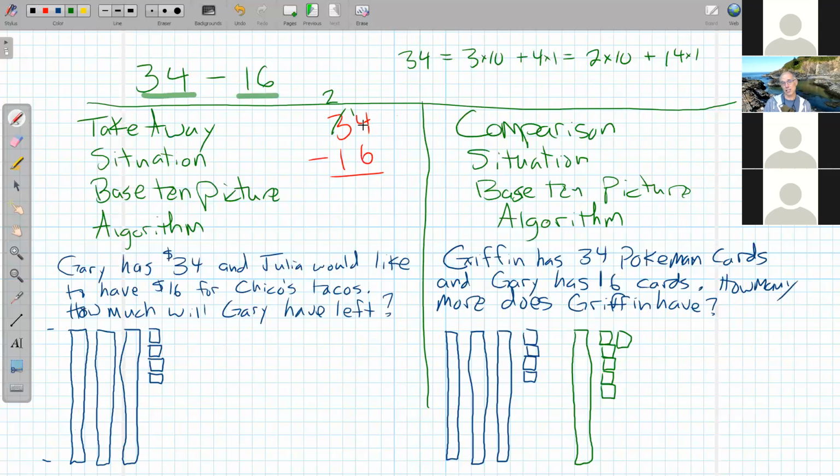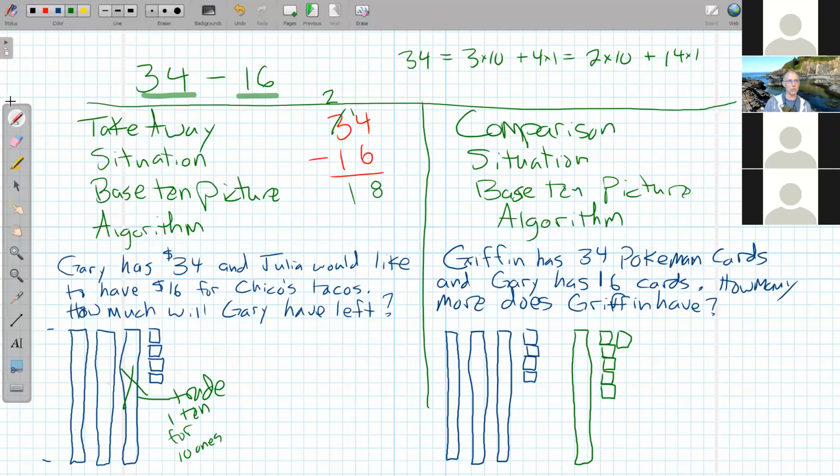So now I can take 6 from 14. That works. I'm going to get 8. And then 2 take away 1, or really 20 take away 10, is 10. So there should be 18 left over. In order for it to work down here, I have to come over here and trade 1 10 for 10 1s.